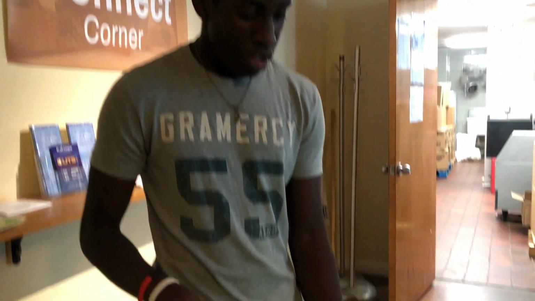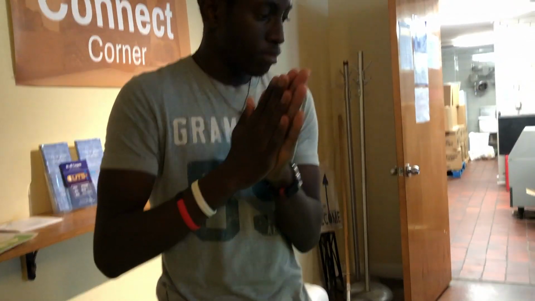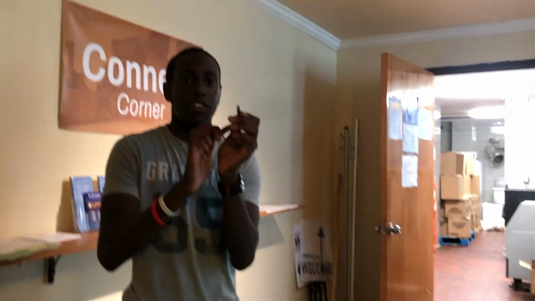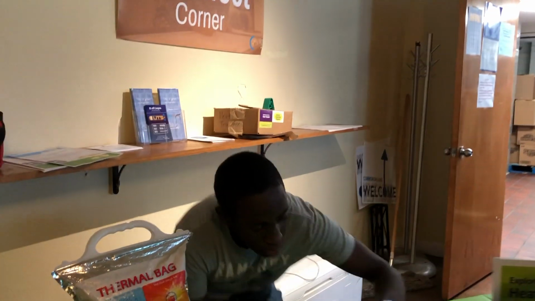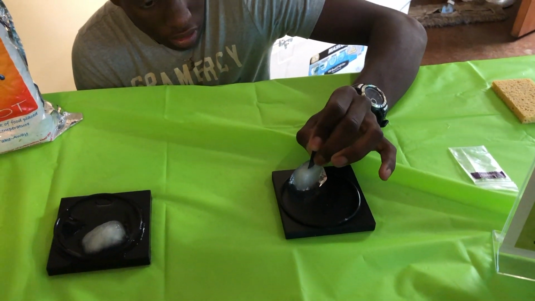Now, this is graphite, which is also another heat conductor. It is mostly used in computers to keep computers cool. And what happens is when you warm your hands up, and then you take the graphite, it transfers the heat from your hand to the graphite, which when you touch the ice, it begins to melt the ice and go into the ice.